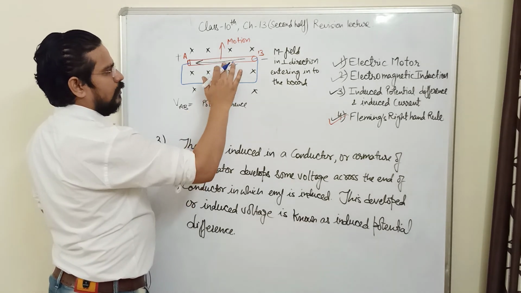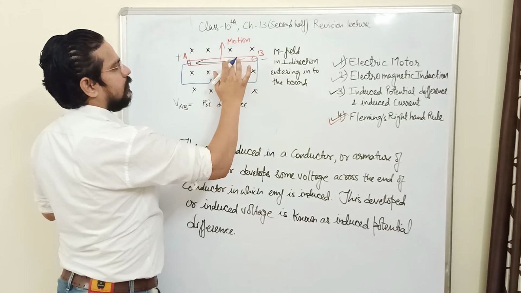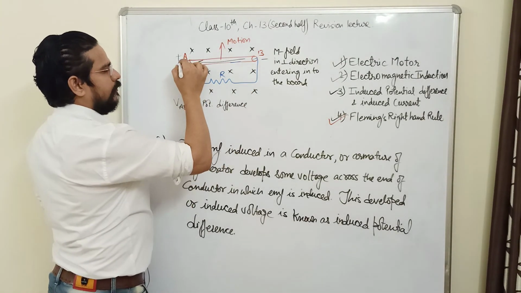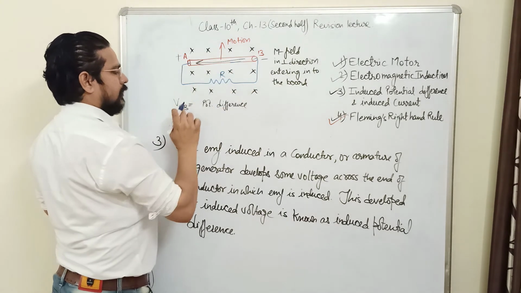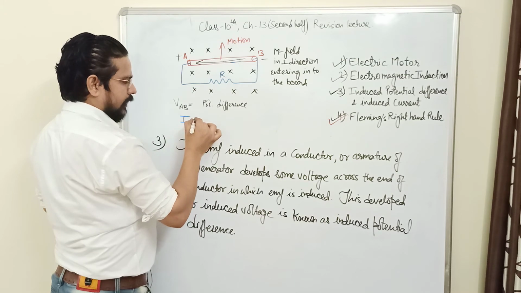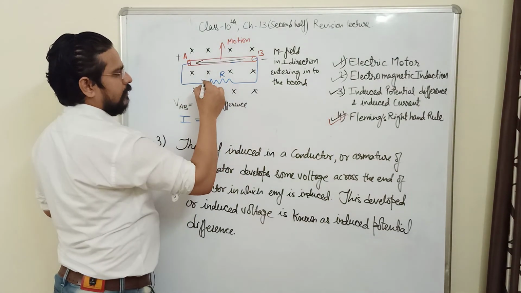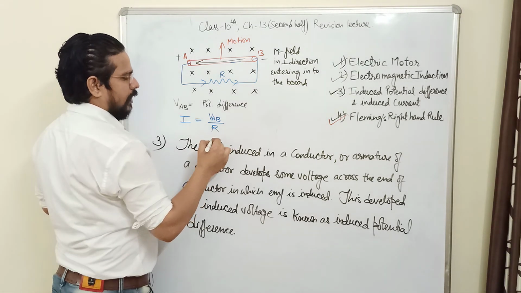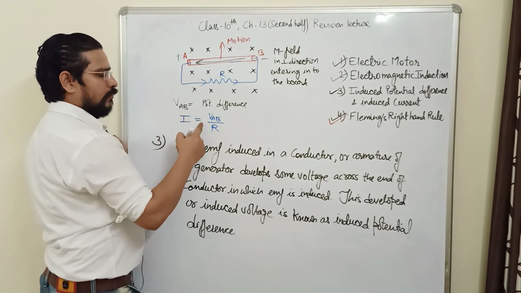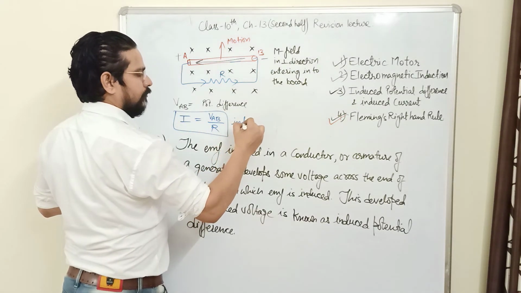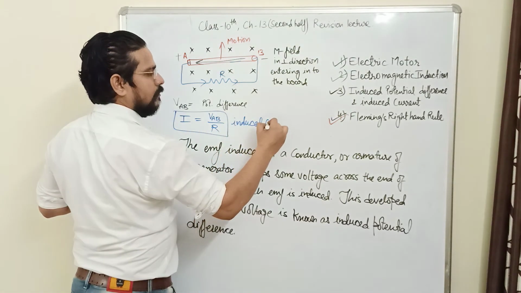Let us not consider internal resistance of this because we already had taken VAB. So if potential difference across the ends of conductor is VAB and capital R is the resistance, then we know that a current will flow through the R resistance given by VAB divided by R. By Ohm's law, I is equal to V by R. This current is known as induced current.